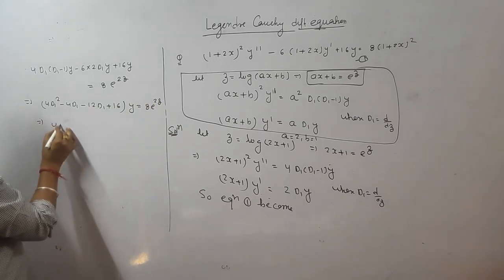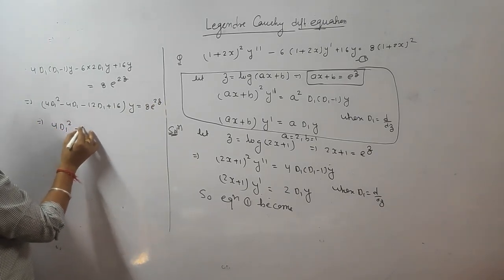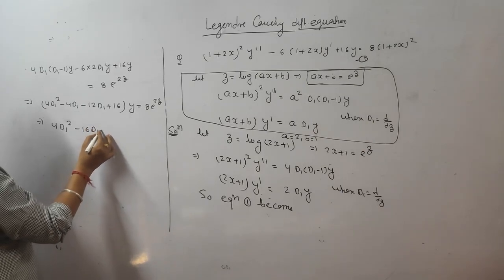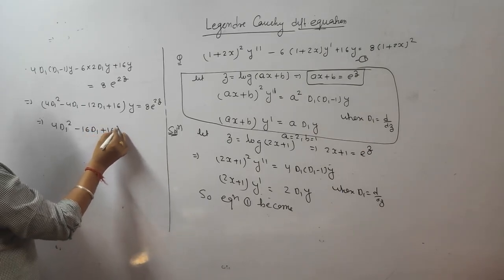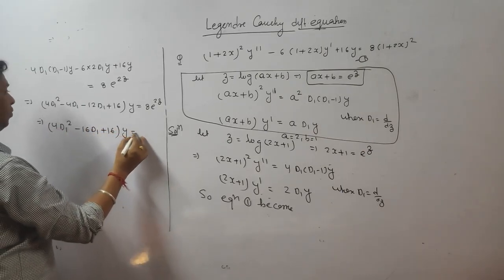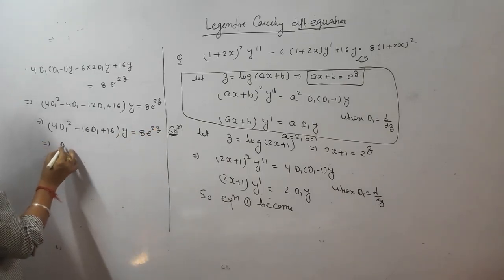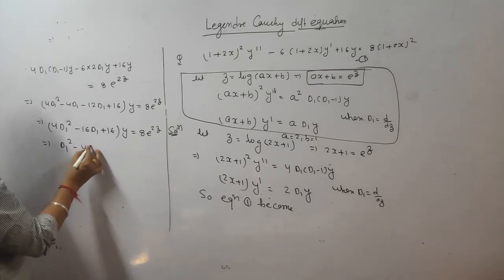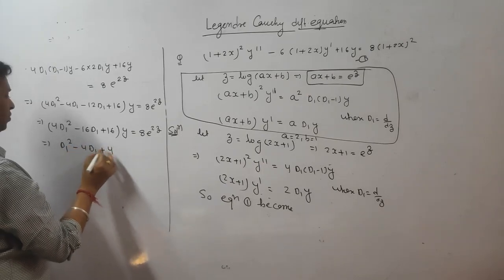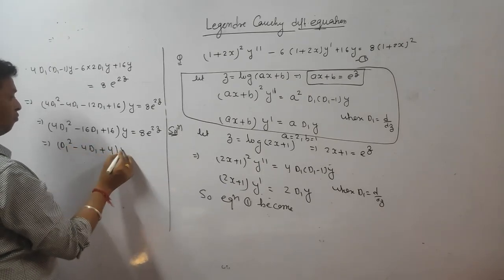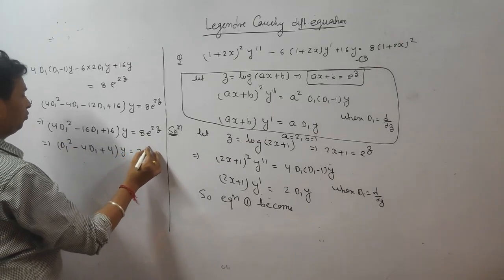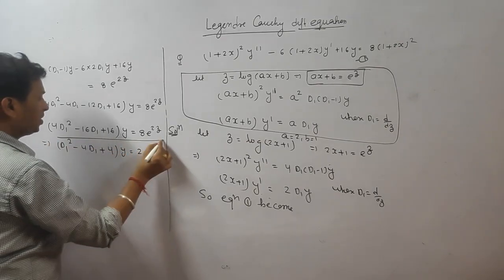Again simplify. 4 D1 squared minus 16 D1 plus 16y is equal to 8 e to the power 2z. Divide by 4. So D1 squared minus 4 D1 plus 4y is equal to 2 e to the power 2z. This is your equation now.